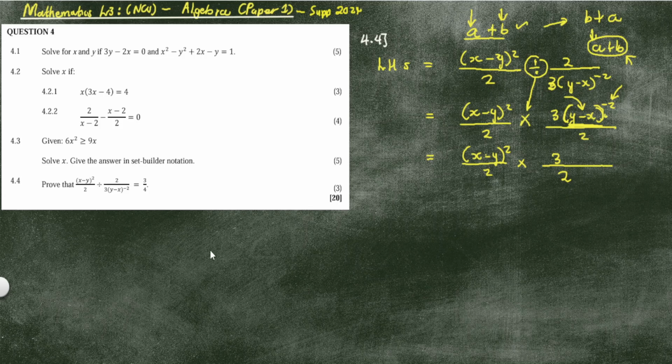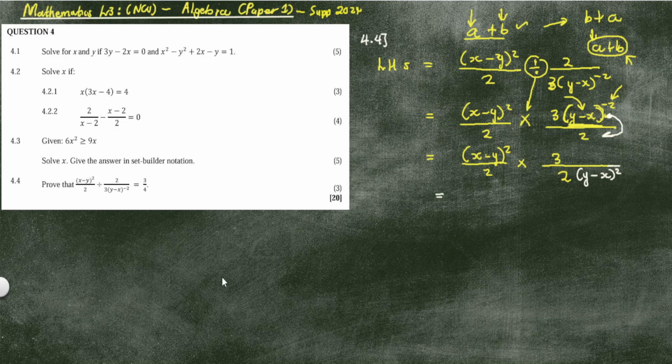This will move from the numerator part to the denominator part of the fraction. It's now going to be (y minus x) raised to exponent 2. If it was at the denominator and you had to change a negative sign for it, you were going to take it to the numerator.